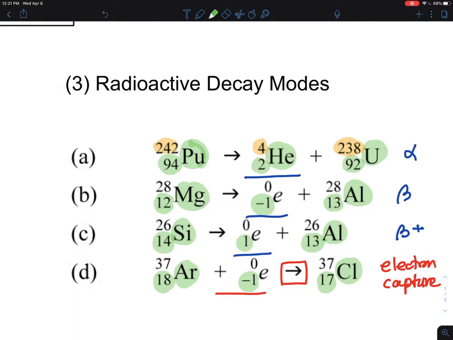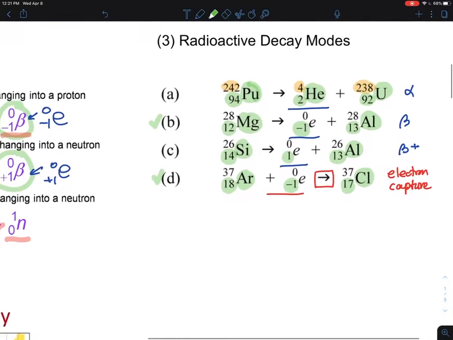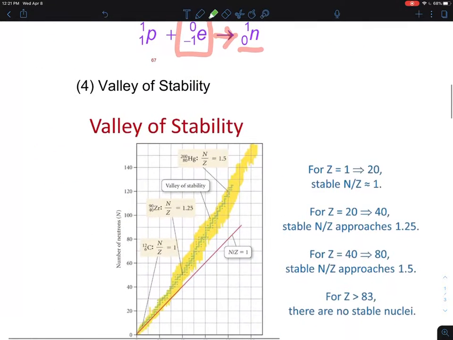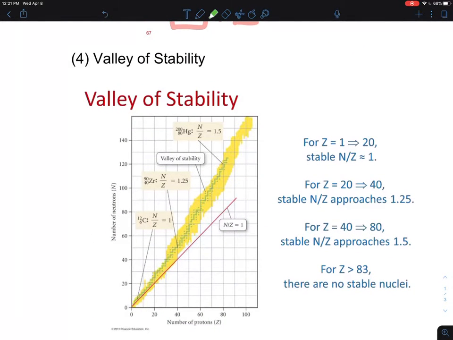Some of them like to increase the number of protons, some of them like to decrease the number of protons. Why is this the case? That could be a natural question, and the general answer can be found from what is called the valley of stability.